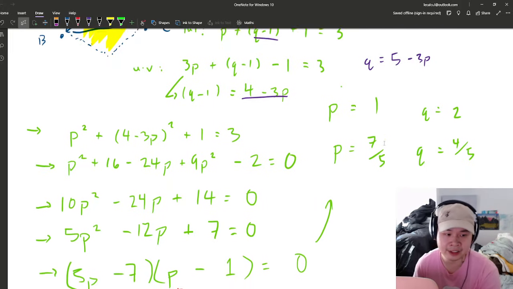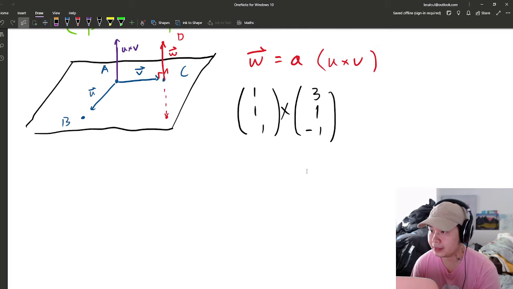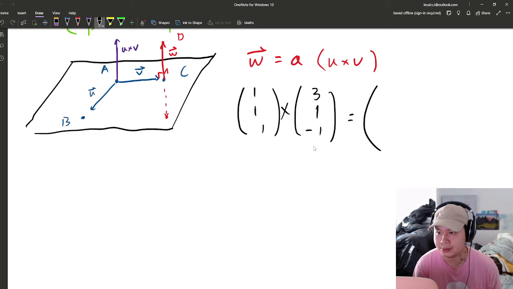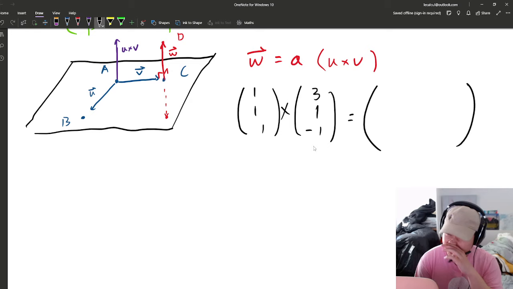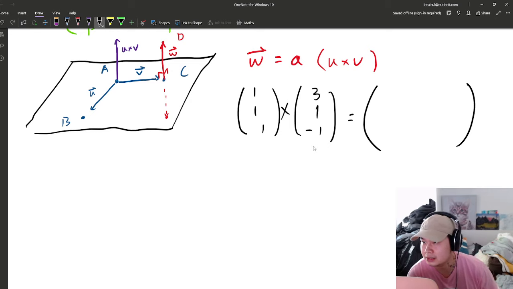I'm trying to stay under an hour, but I don't think I'll make it. Okay, I never remember off the top of my head the stupid formula for cross product. But I think it goes this one minus this one first. Like those two times together minus the other two times together. So we have 1 times negative 1, which is negative 1, minus 1 times 1.